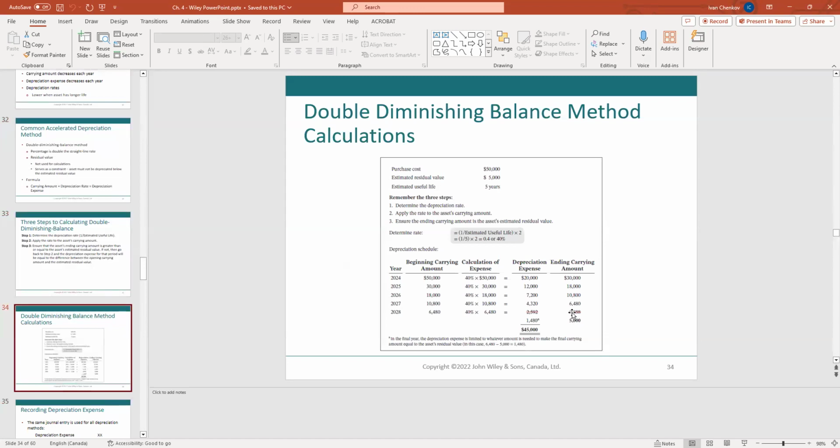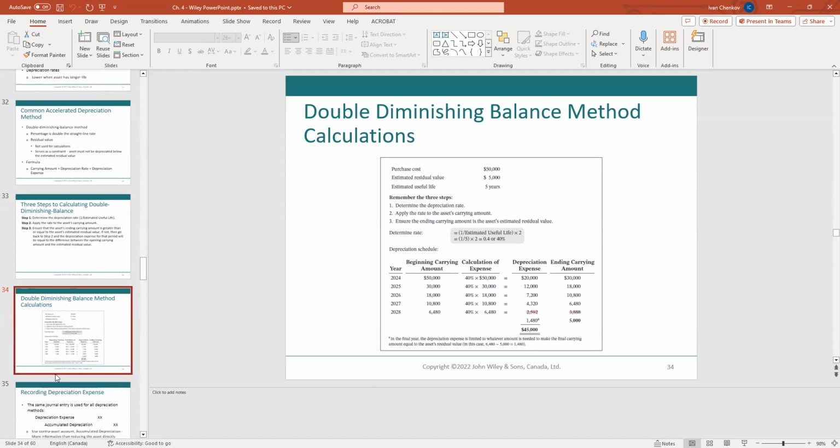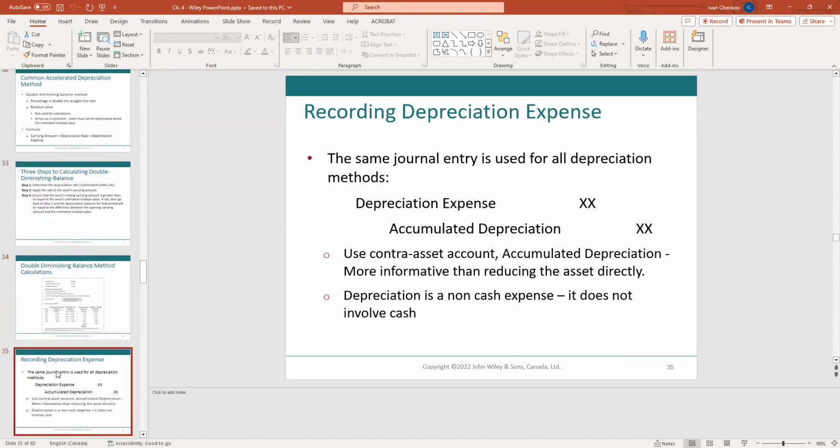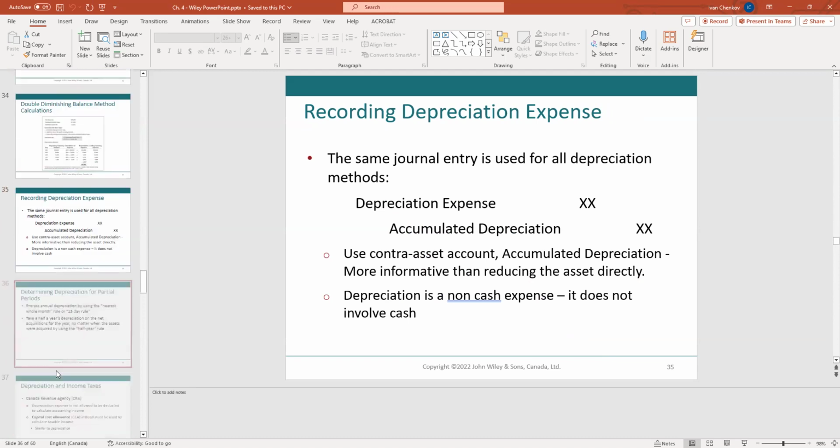In the year that the amount goes below the residual value, we manually adjust the depreciation expense to match our calculation and to make the ending balance equal to the residual value. How are we going to record depreciation? Very easy. Debit depreciation expense, credit accumulated depreciation, and we are done with this.